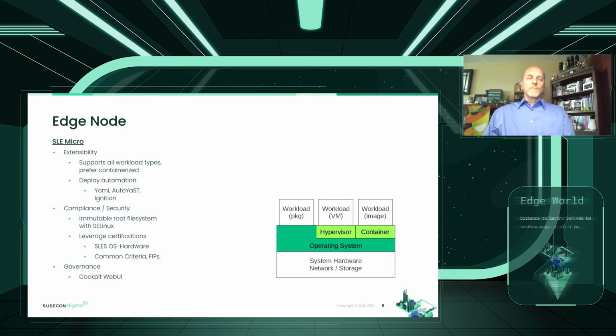But of course, moving forward, most folks, especially in the edge space, are heading towards containerization. From a deployment standpoint, a lot of this can be automated. There are three things listed here: Yomi, AutoYast, and Ignition. Of course you can manually do the install, walk through the wizard and answer the questions, and the install is done.